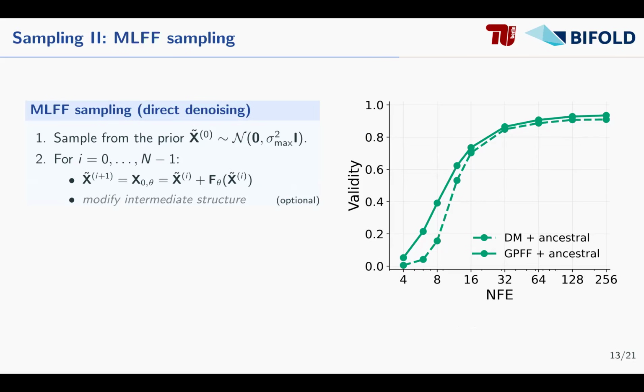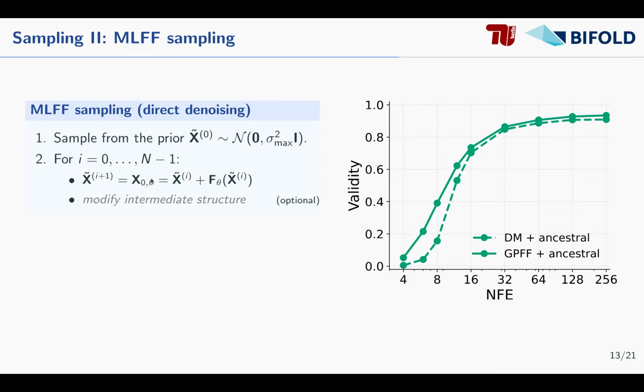Okay, and then next, I want to show some results on the machine learning force field style sampling. So we start similar to the diffusion model by just sampling a structure from the simple isotropic Gaussian noise distribution. And then we iteratively apply this prediction of equilibrium geometries.